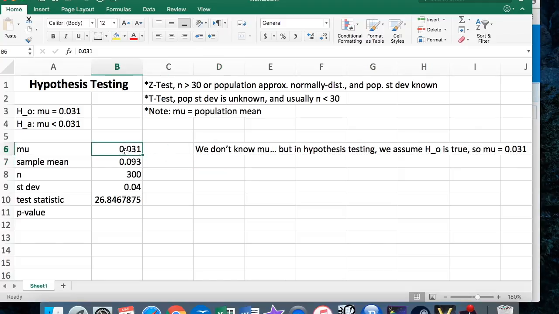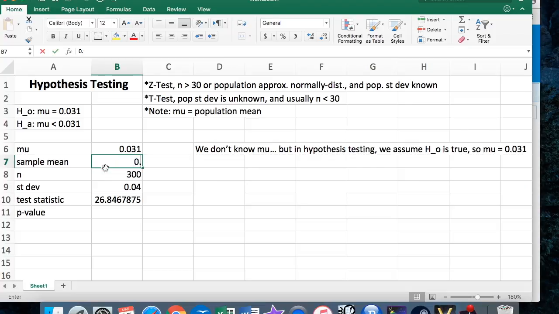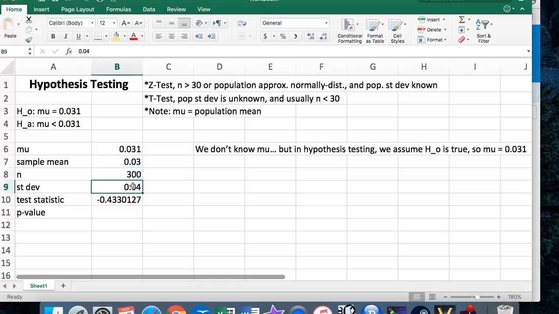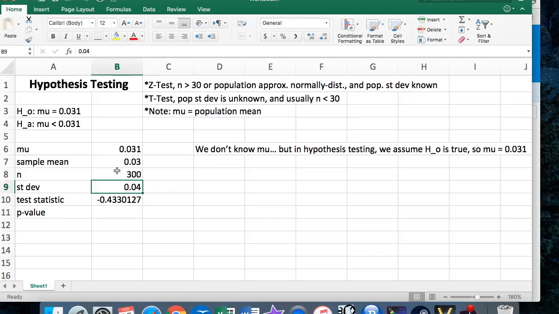Now our sample mean was found to be 0.03. Our n, how large was our n? Well, our n was 300, so it's still 300. And what's our standard deviation? Our standard deviation is 0.01.